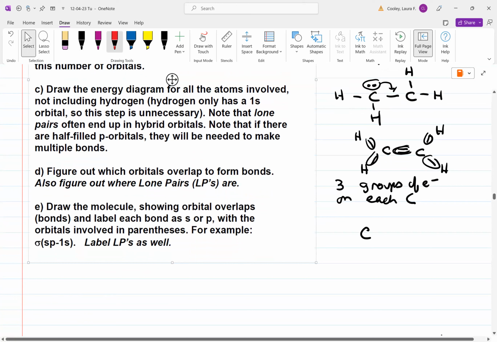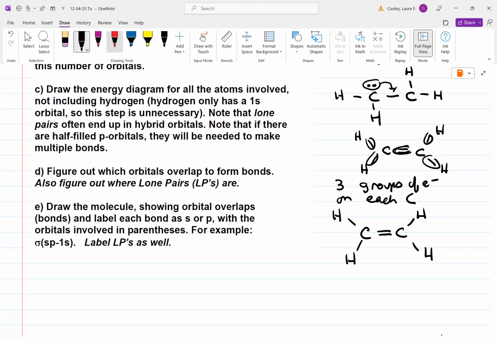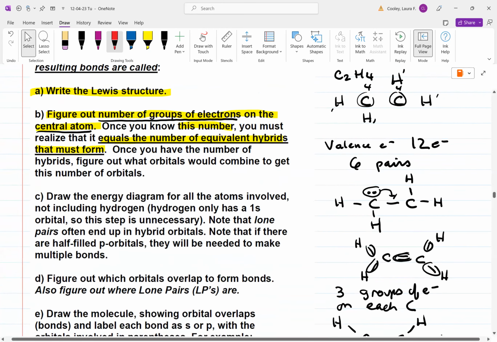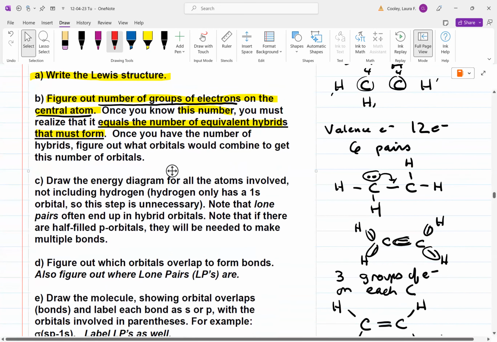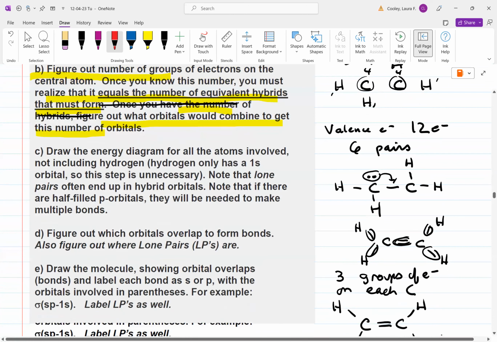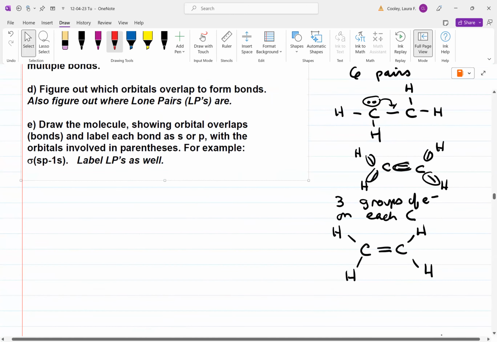We've usually done this when we have just one central atom, but in valence bond theory, we consider each of the atoms except hydrogen, and we count how many groups of electrons there are on each atom that isn't hydrogen.